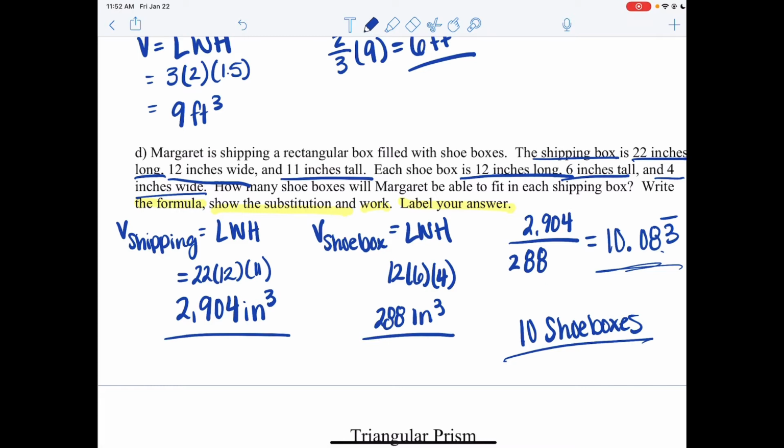Okay. All right, now we'll go ahead and start the triangular prism.